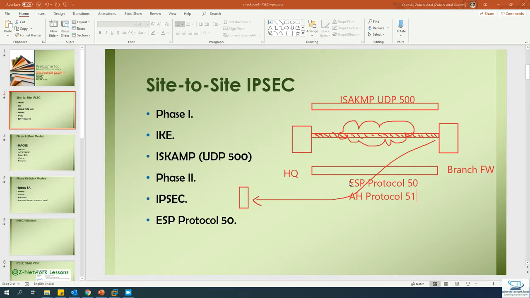So it doesn't make any sense to use AH instead of ESP, because ESP provides you encryption, and that is the whole point of this VPN, right? So those are the two phases that you have, phase 1 and phase 2, and these two phases have their own packets inside. So let's see what phase 1 means and what phase 2 means, right?